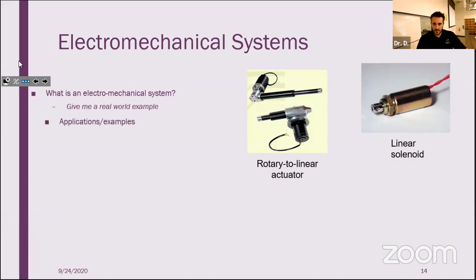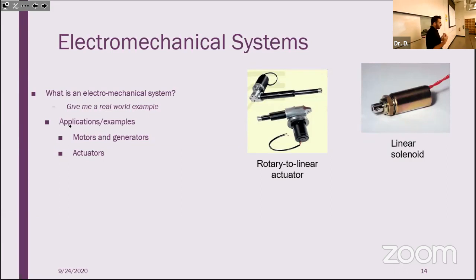All right, so we talked a little bit about applications and examples. We've got motors and generators. We've got actuators. If you're thinking about robotics, how do we get our robotic arms to move? We have actuators in there, and actuators are anything that instigates a movement. We've got sensors, strain gauges, accelerometers, speakers and microphones.